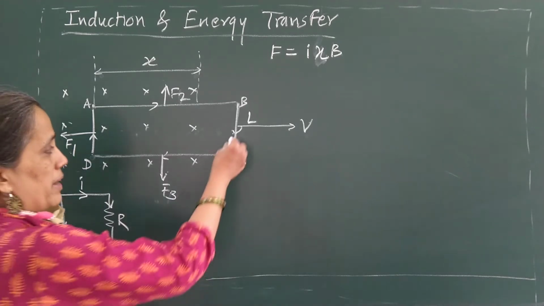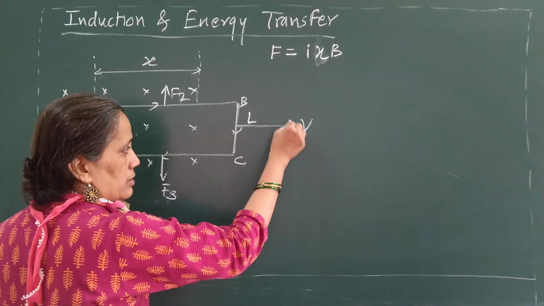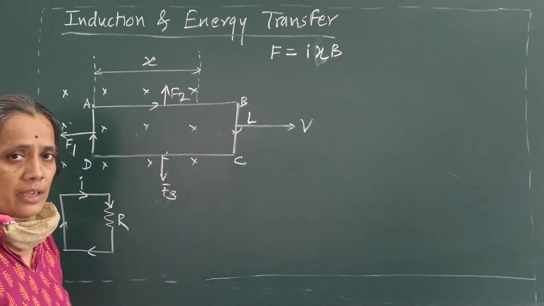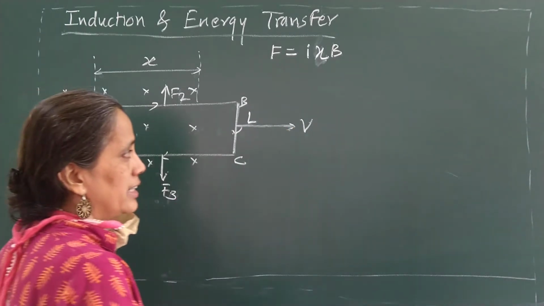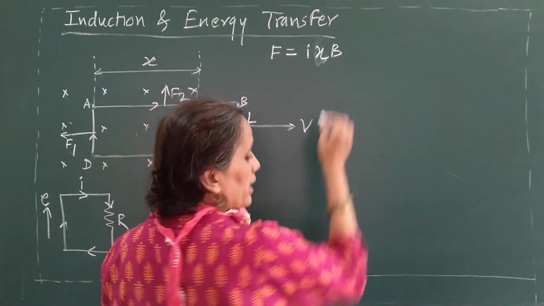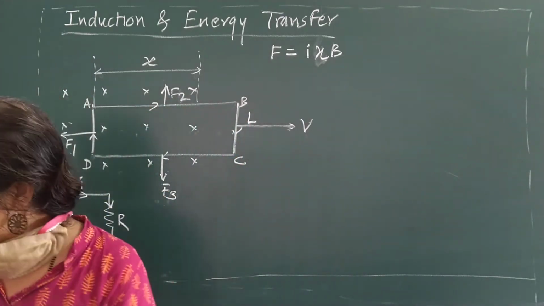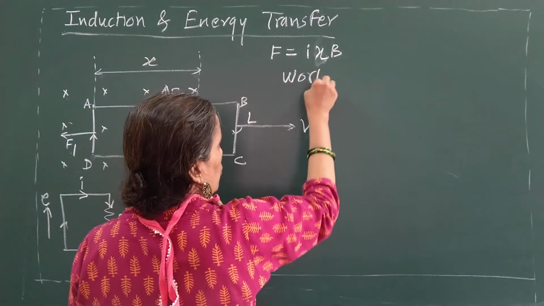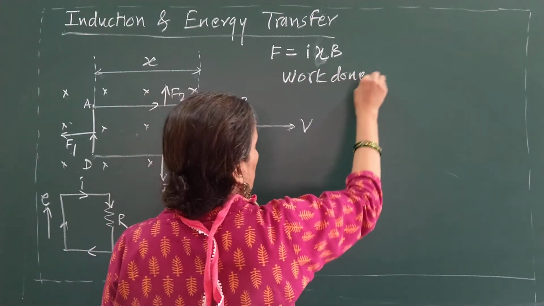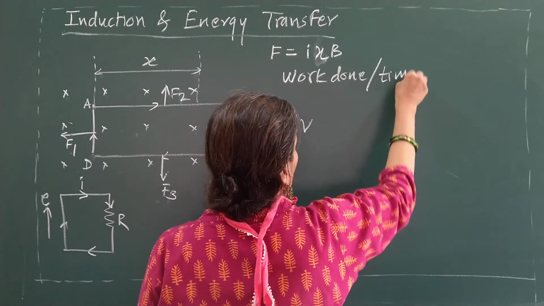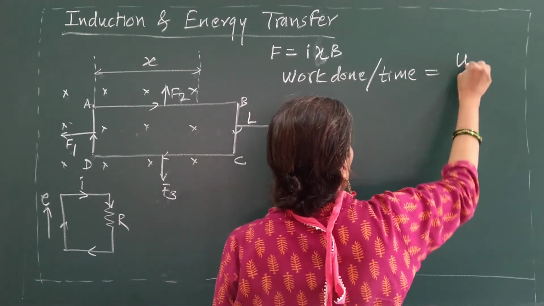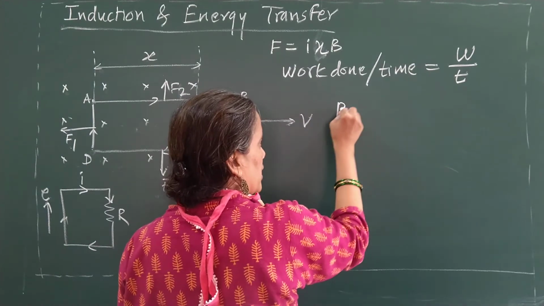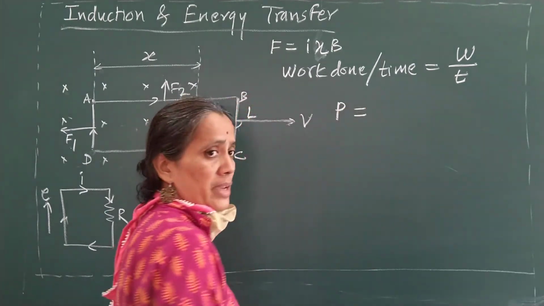Now what is remaining? We are pulling out this coil from the uniform magnetic field with a certain velocity v. At that time I can say that work is done per unit time, which is W by T, and work done per unit time is power.